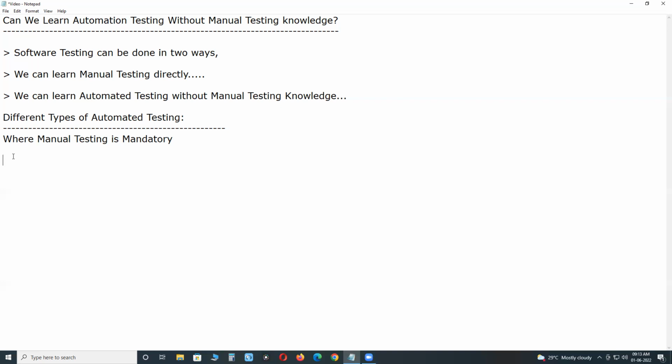Organizing 5,000 test engineers and 5,000 computers is impractical. With automated testing, you can create 5,000 virtual users using 2 or 3 machines, meaning computers, and apply the 5,000 users load. This is about whether we can learn automated testing without manual testing knowledge.